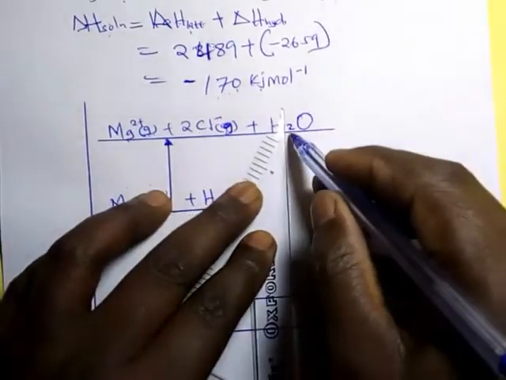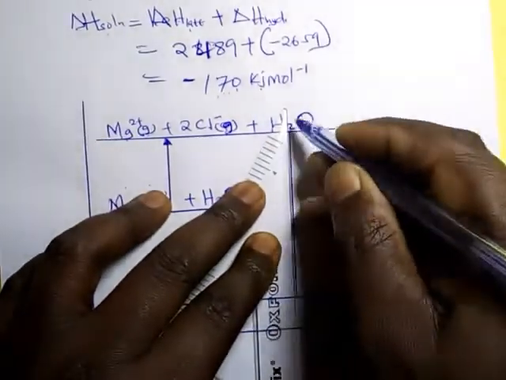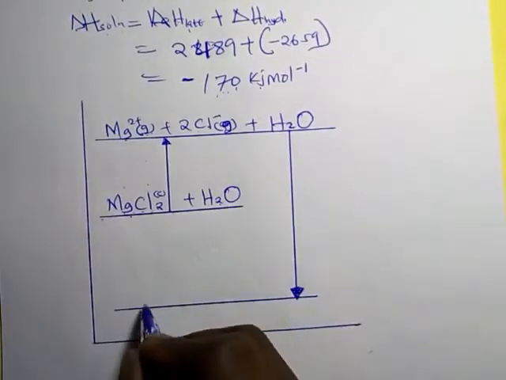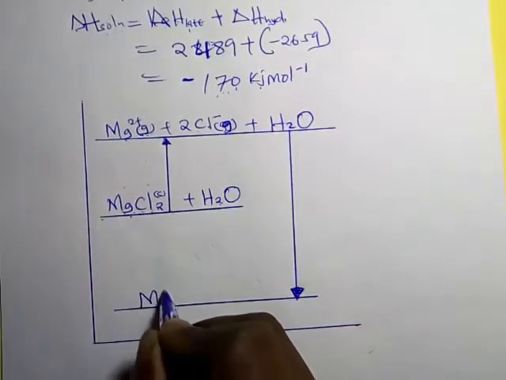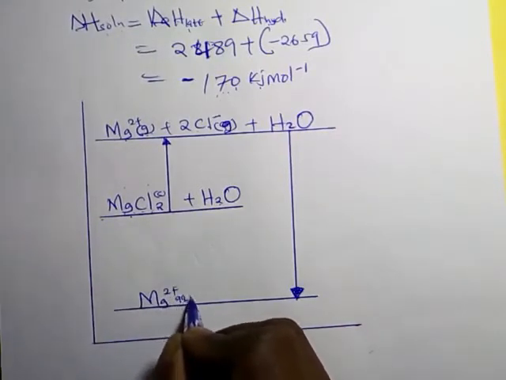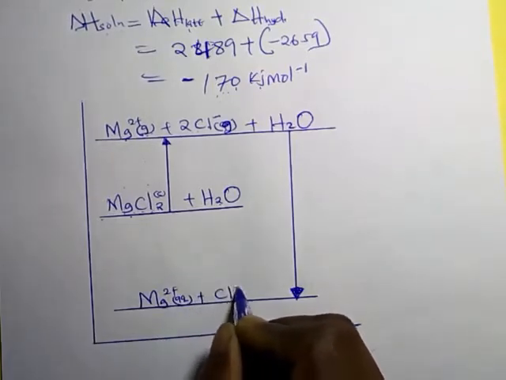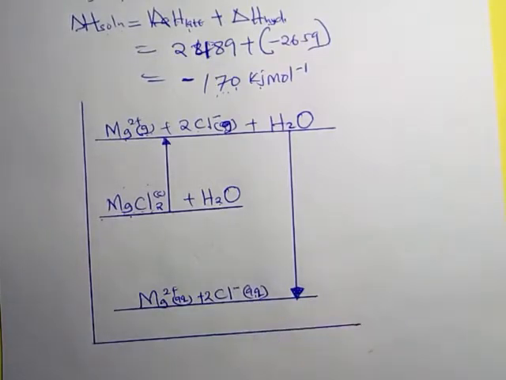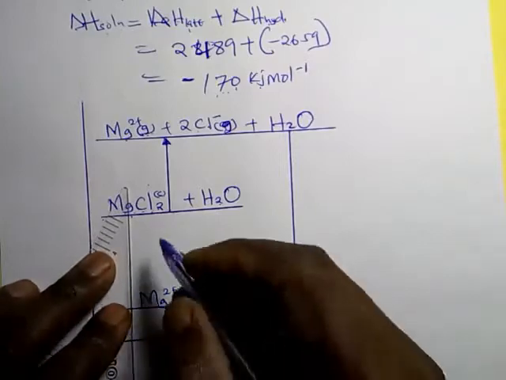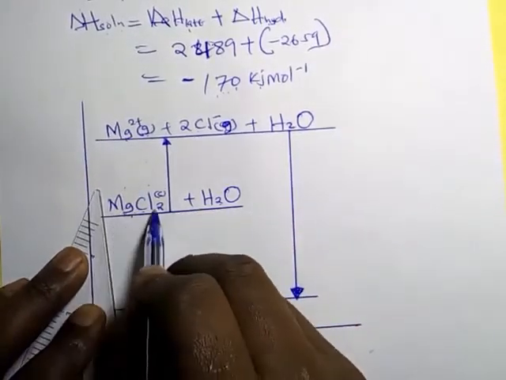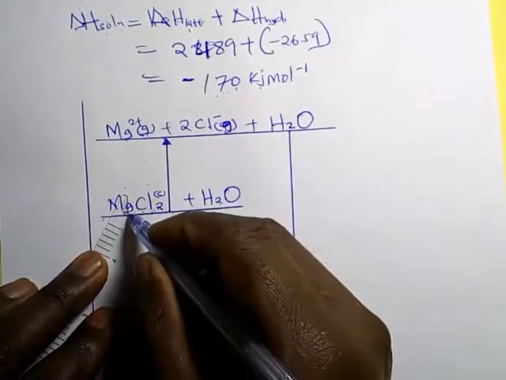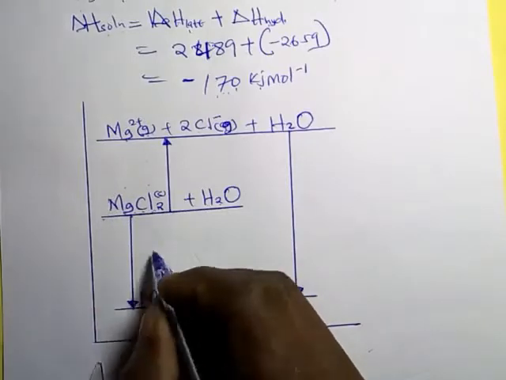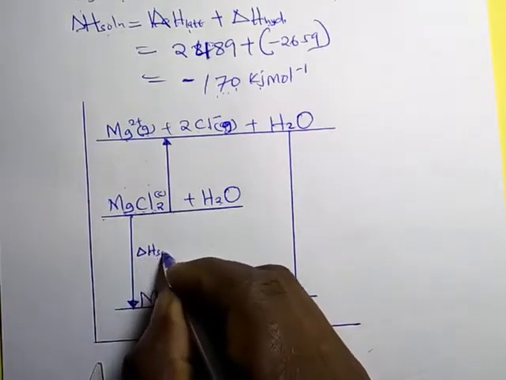They form, straight down, magnesium 2+ ions in aqueous plus 2 chloride ions in aqueous, and that's our final product. Then magnesium chloride dissolving in water, going downwards, is the heat of solution.